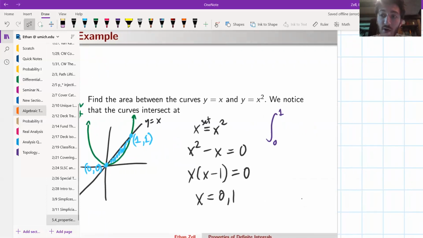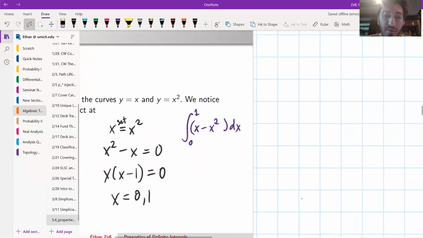Then we take the curve on top and subtract the curve on bottom. Looking in the direction of the purple arrow, the curve on top is y equals x, so I put x, and the curve on bottom is x squared, so x minus x squared, with respect to x.